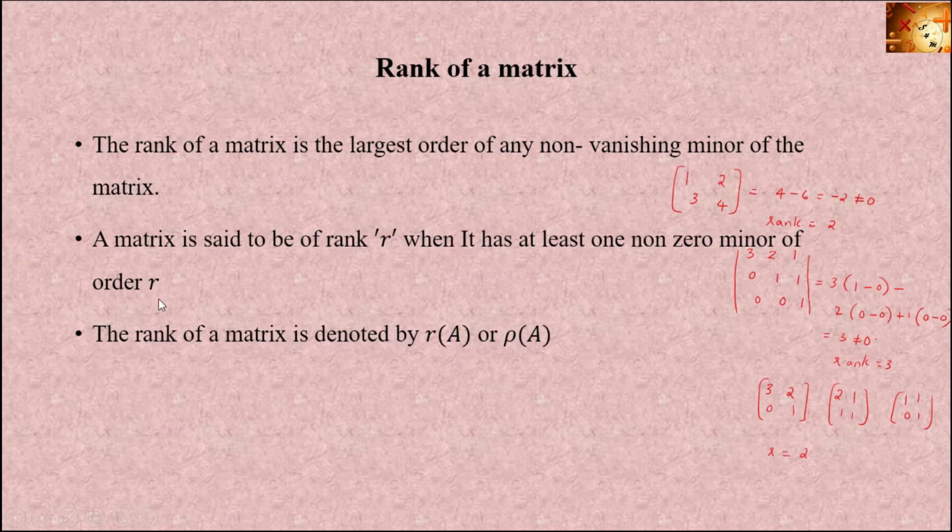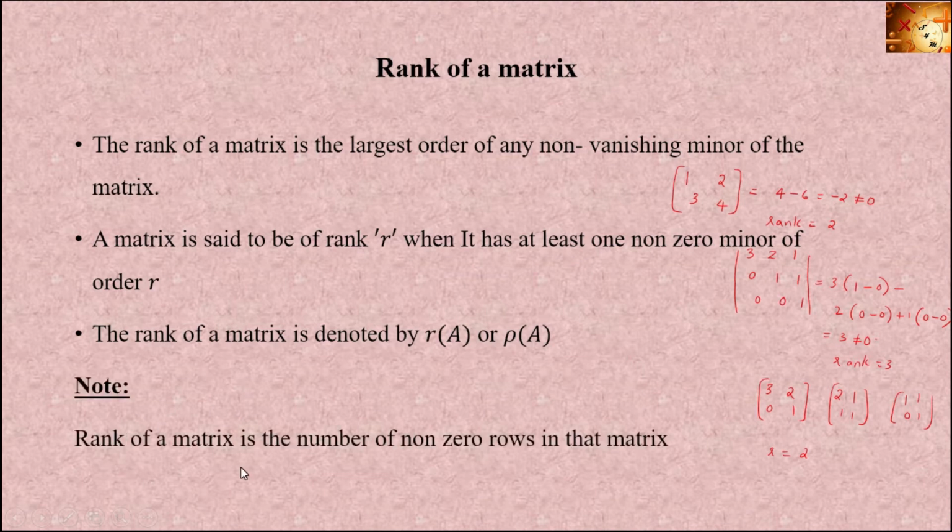This is not practically easy if you find the rank of a larger order matrix. So in those cases, the rank of a matrix is the number of non-zero rows in that matrix. If you are given a 4 by 5 matrix, this formal definition is not practically easy for finding the rank of that matrix.